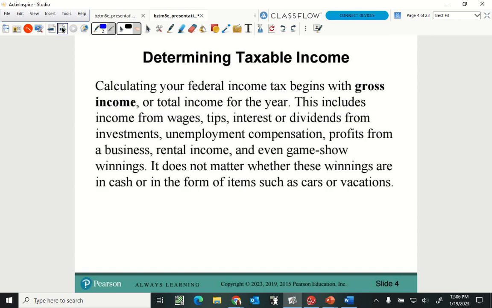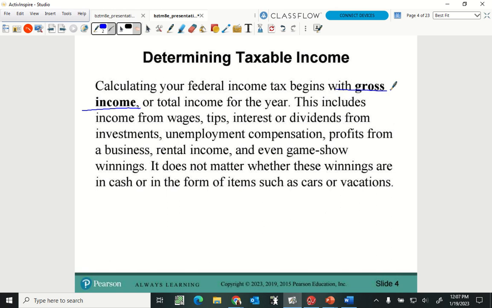Determining taxable income. Calculating your federal income tax begins with gross income. Now, I got a joke to go along with this, so you will not forget it. Gross income is how much money you actually make. We had someone in here say they make $15 an hour, so it's $15 times how many hours they work.